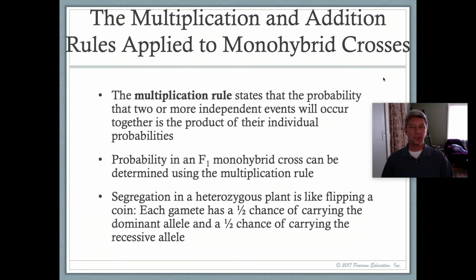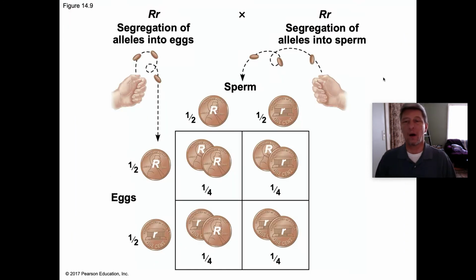And so segregation in a heterozygous plant is like flipping a coin. Each gamete has a 1/2 chance of carrying the dominant allele and a 1/2 chance of carrying the recessive allele. Same thing comes when you're flipping a coin. You got a 50-50 chance of getting heads and a 50% chance of getting tails.